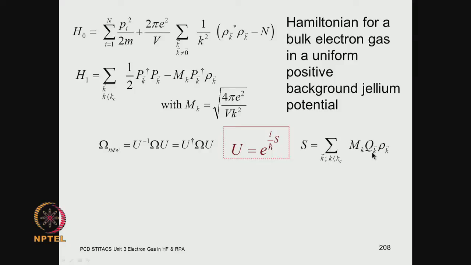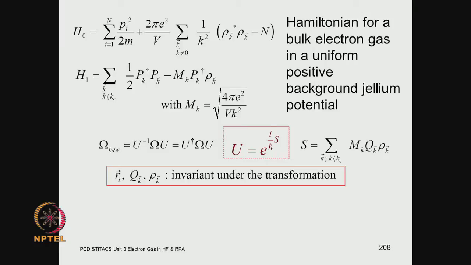This is the operator that we use because it generates a unitary transformation on the Hamiltonian to a new Hamiltonian, and we choose this auxiliary Hamiltonian because of some special properties that it has. Let us quickly recapitulate what these special properties are.